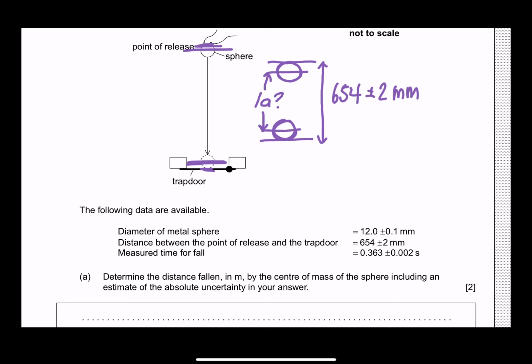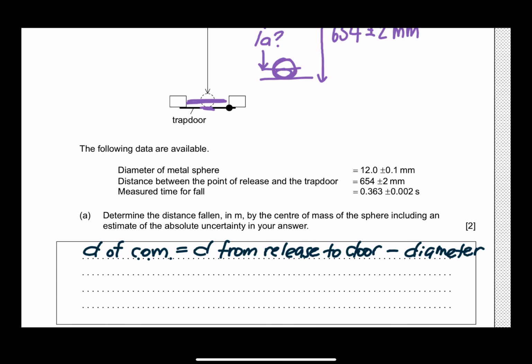If you look at the diagram, really it's the 654 plus or minus 2 millimeters, but you're missing half the diameter on both ends. So what they're asking for is the distance from point of release to the trapdoor minus the diameter of the ball, and they give us the diameter of the ball. All right, so we figured out that much.